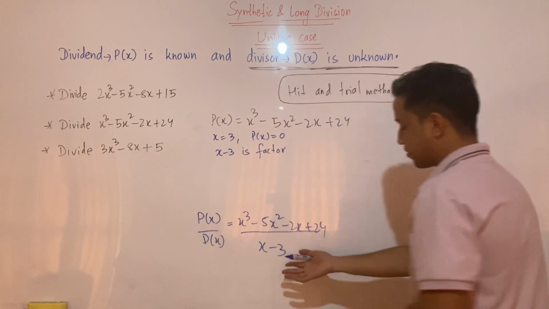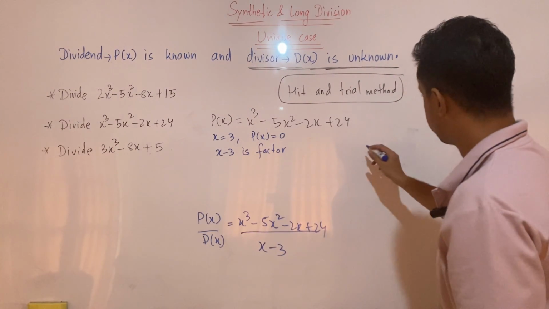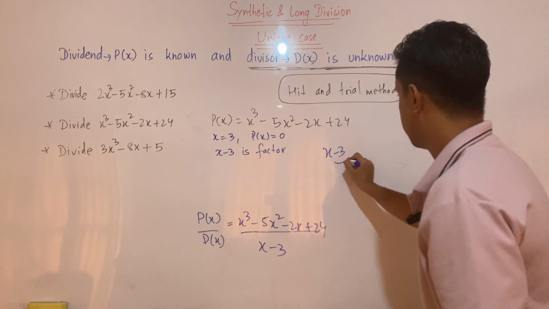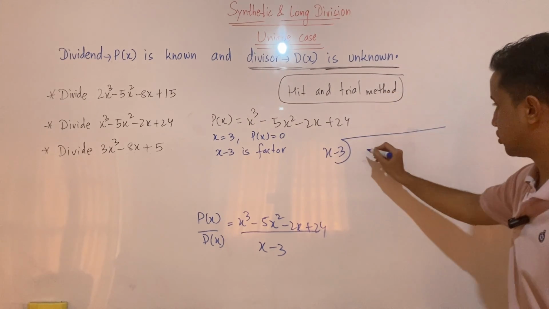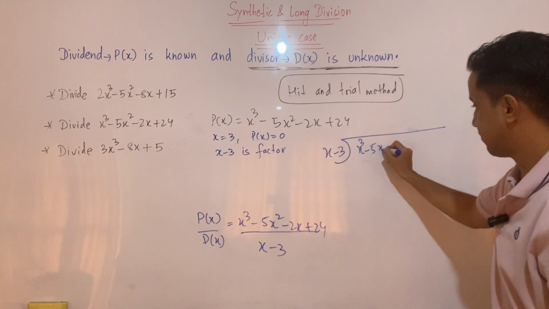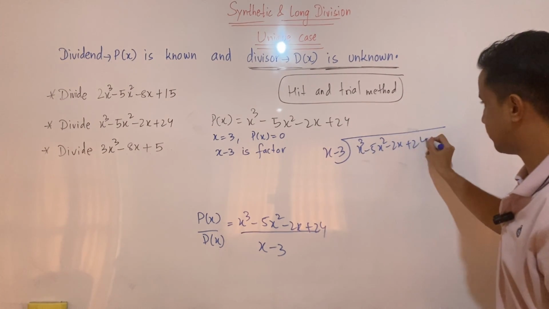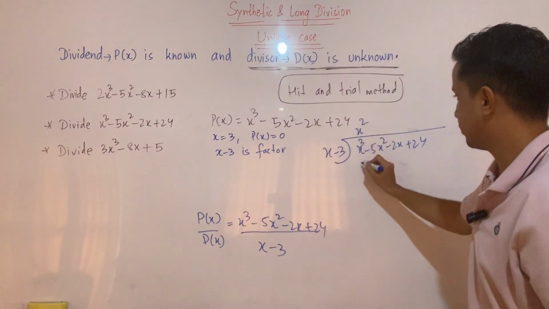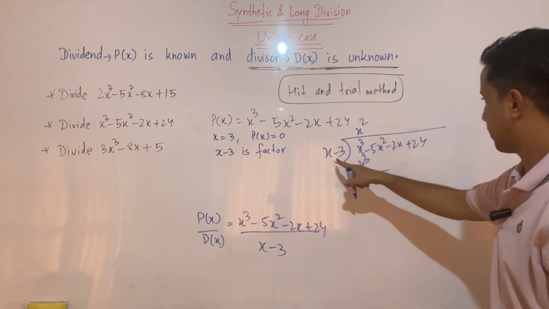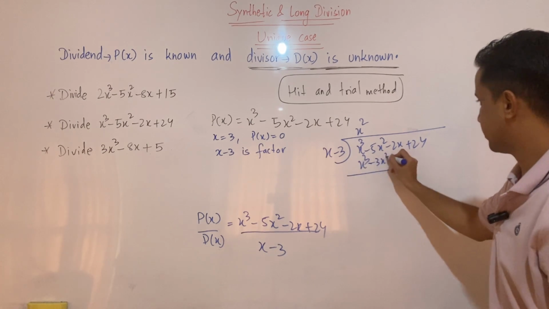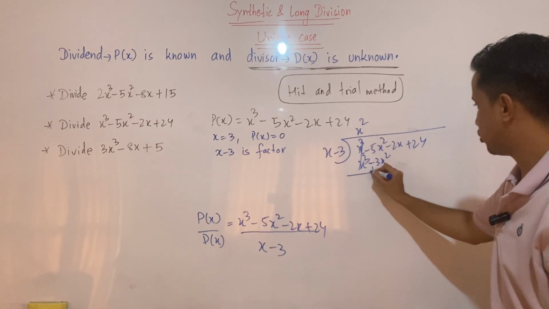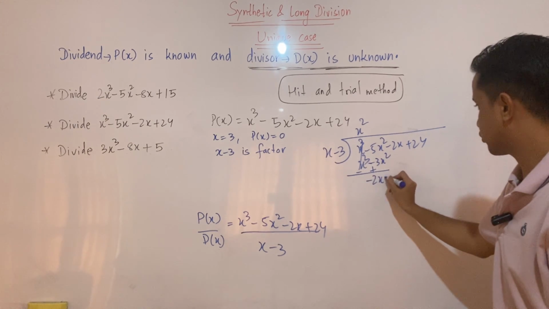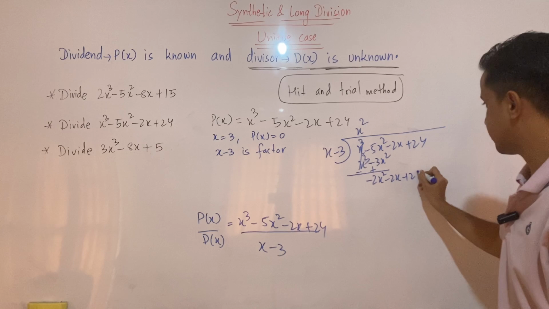So now you can perform division, whatever method you want to use. So here x minus 3, long division, x cubed minus 5x squared minus 2x plus 24. Here x cubed, so x squared; x cubed minus 3x squared, cancelled out, sign changed, this is minus 2x squared minus 2x plus 24.